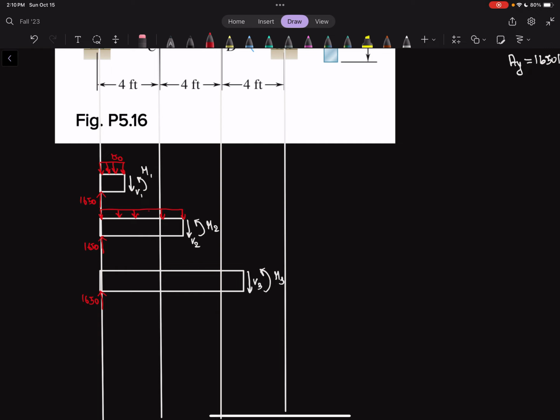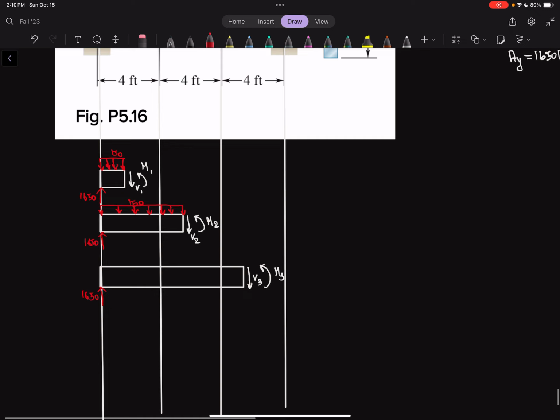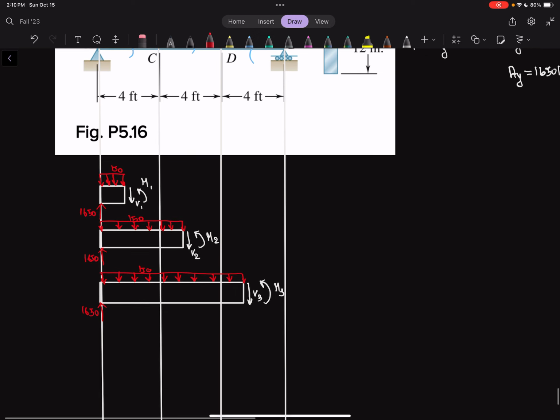I'm gonna draw fewer arrows just because I'm lazy. All right. And then right here. Let me draw one more. Okay, 150. But then we also have other things. Here we have a 750. I'll change color just to make it clearer. Here we have a 750. And here we have a 750.